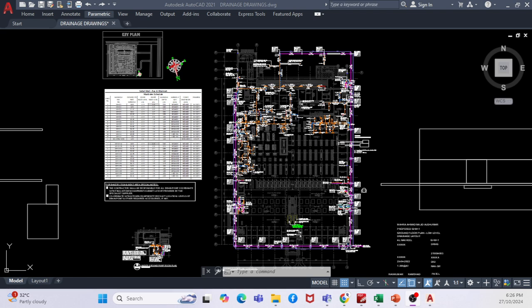Do not just copy paste from the IFC drawing or from somebody based on some information. Whenever you do the drawings, try to analyze: this particular pipe, why am I considering 100 mm, why not 50 or 150? That type of analysis should be there after this training. That is what I'm expecting. Clear, right?